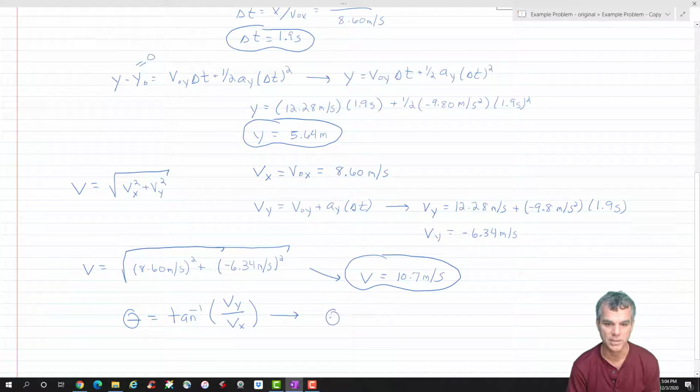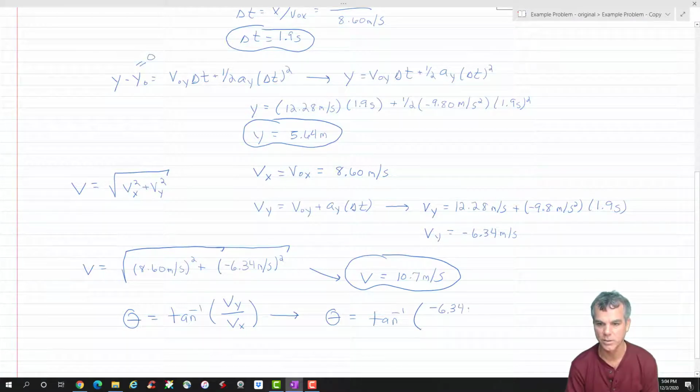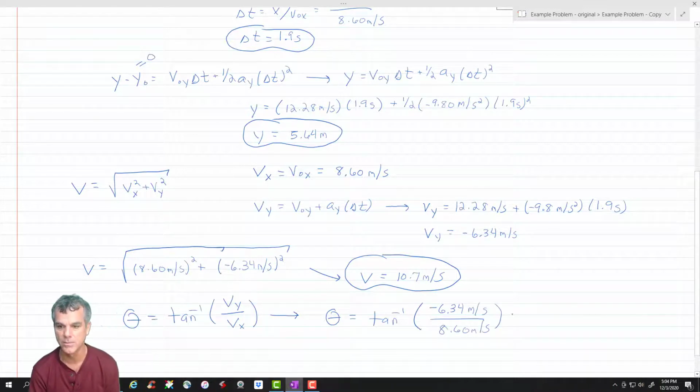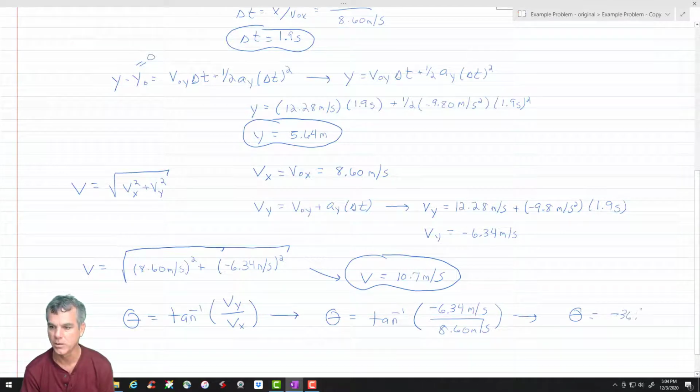Well, let's just solve it. In this case, we know that at t equals 1.9 seconds, velocity in the y direction is negative 6.34 meters per second. Velocity in the x direction, 8.60 meters per second. And what I get is theta equals negative 36.4 degrees.